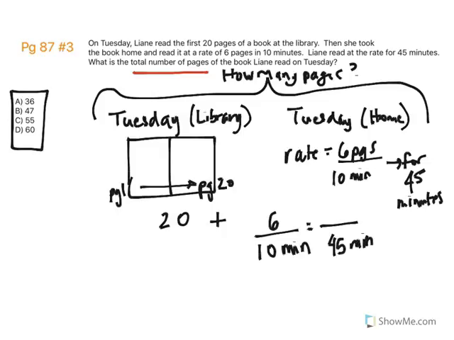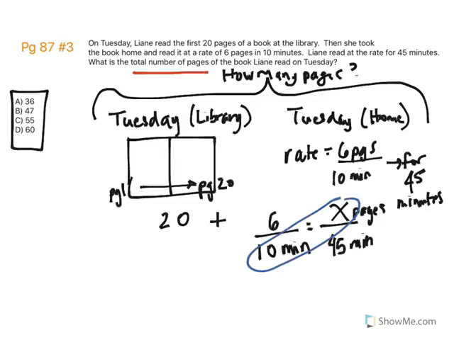If she kept this rate constant and she read 6 pages in 10 minutes for 45 minutes, how many pages did she read in 45 minutes? We can set up a proportion, right? If she reads 6 pages in 10 minutes, the rate is constant. So we can find out how many pages, X number of pages, that she read in 45 minutes.